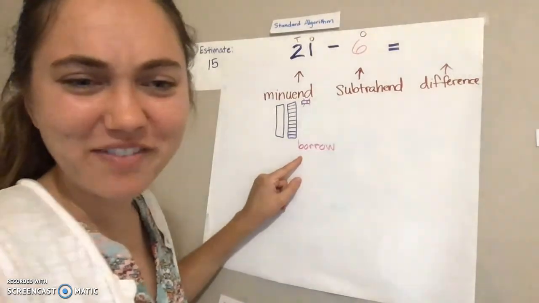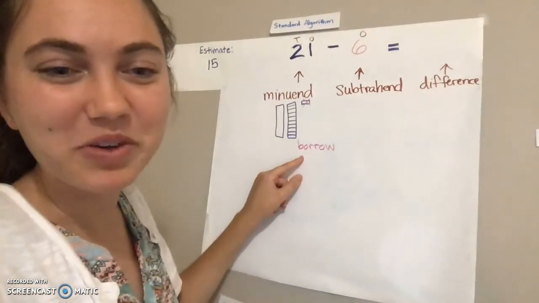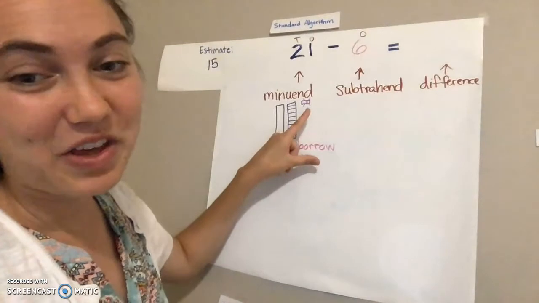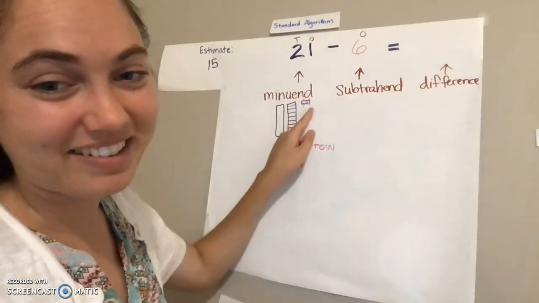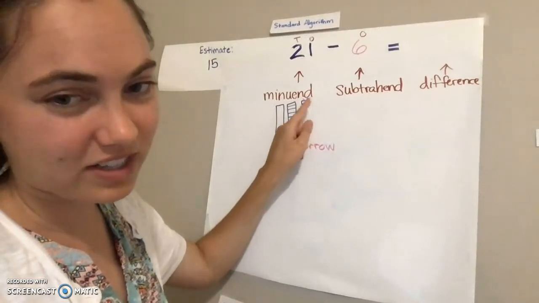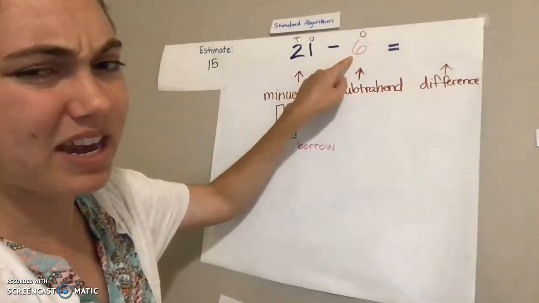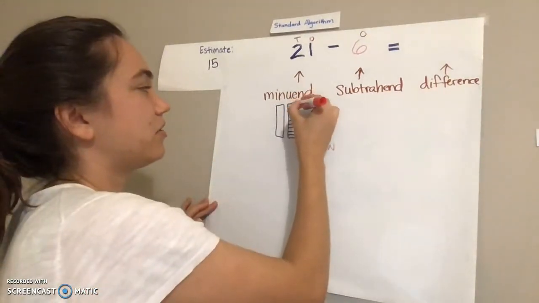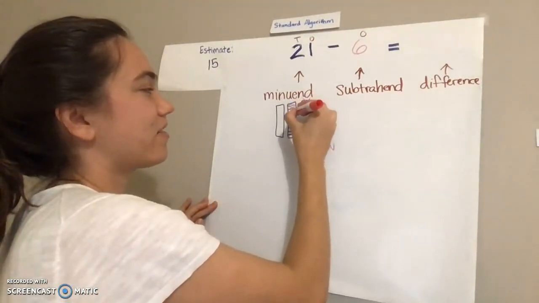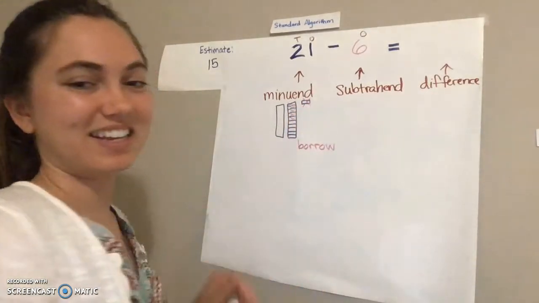You know how if you don't have enough money to buy ice cream, you can borrow from a friend? Well, the ones didn't have enough ones, so they have to borrow from the 10. They had 1, so we crossed that out. But we're taking away how many? 6. 1, 2, 3, 4, 5, 6.